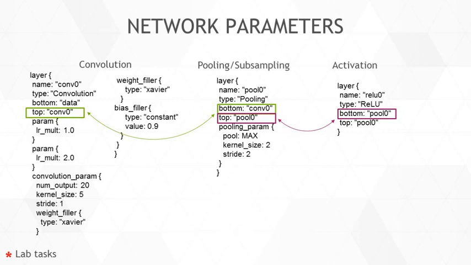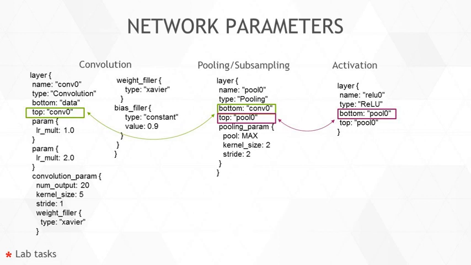Just like in the previous slide, I define my layer, give it a name, and define the type of layer parameter I'm adding. I define the input and output for that layer. In this case, for the convolution, I'm pushing in my data and pushing out my output, which I've titled conv0. You'll see I've got my number of outputs defined here, just like before, and my kernel size.